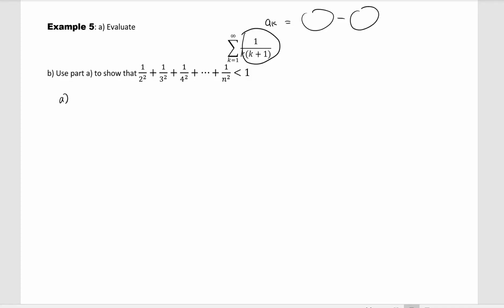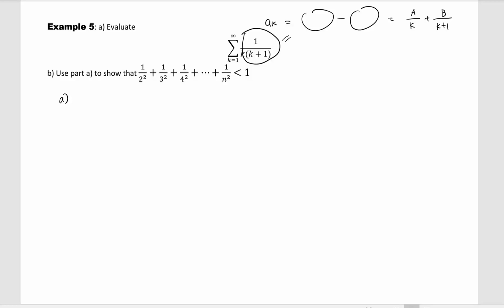Well, here, what can we do? Partial fraction. You see the denominator k and k plus 1, partial fraction. So you can set it up as a over k plus b over k plus 1, and then you clear the denominator, so this guy equals that.